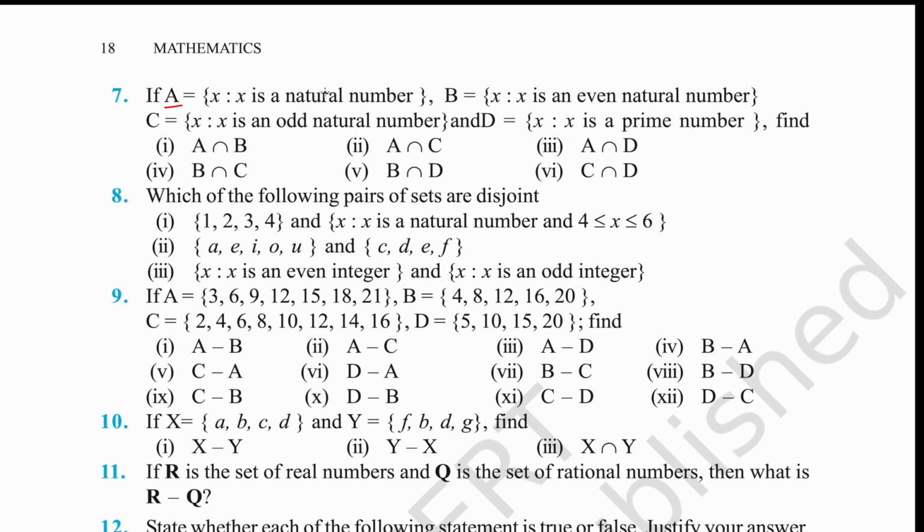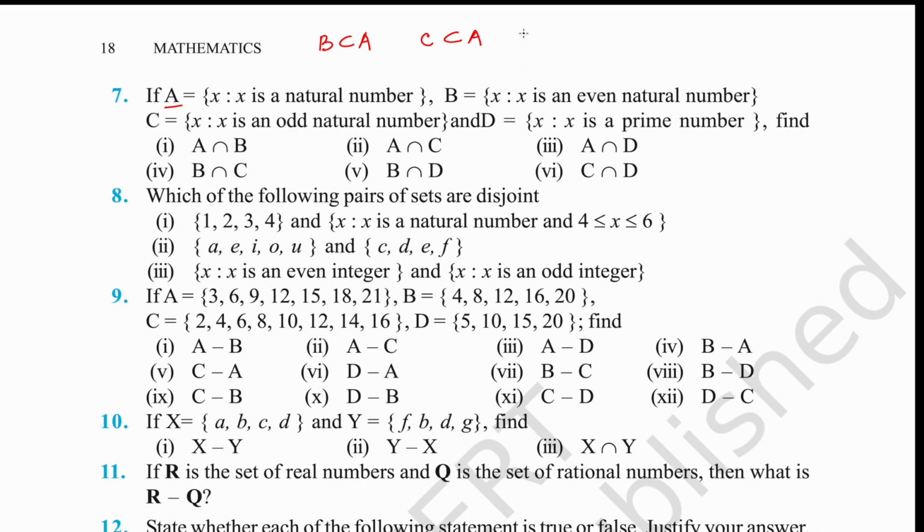Now let's understand. So this is a set of natural numbers, right? Even natural numbers is basically a subset of the set of natural numbers. So B is a subset of A. Similarly, odd natural numbers are also a subset of natural numbers. So C is also a subset of A, right? And D is the set of prime numbers.